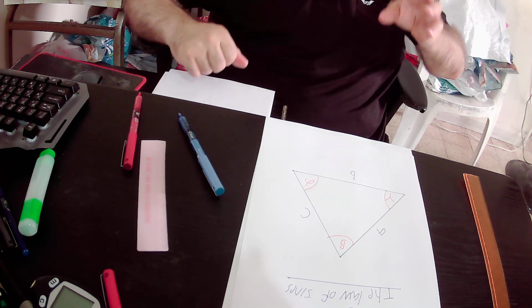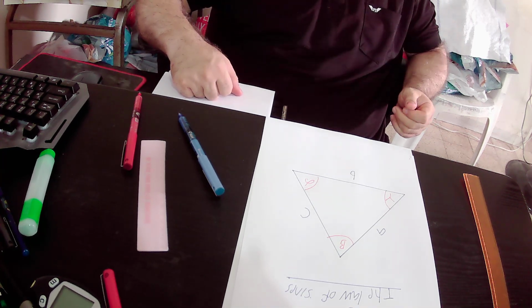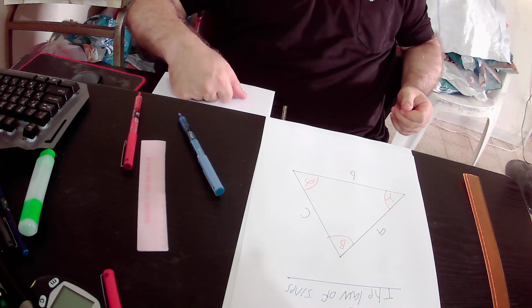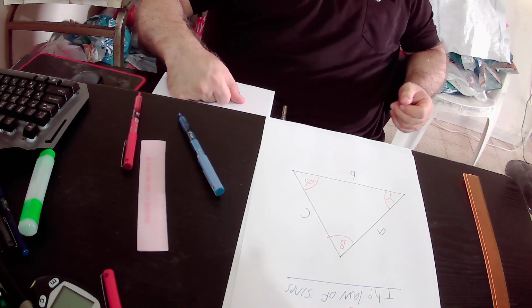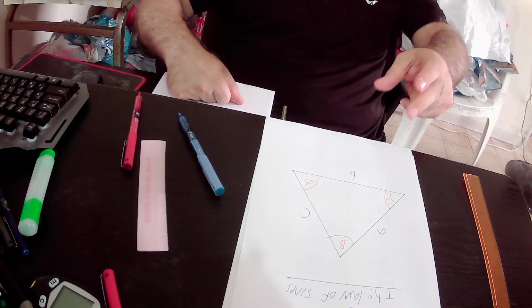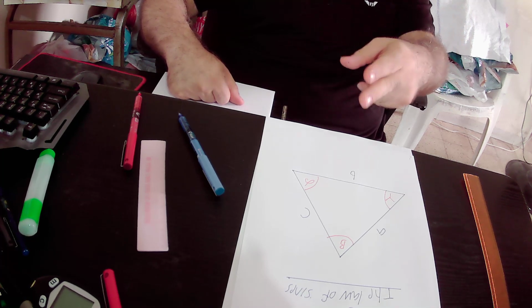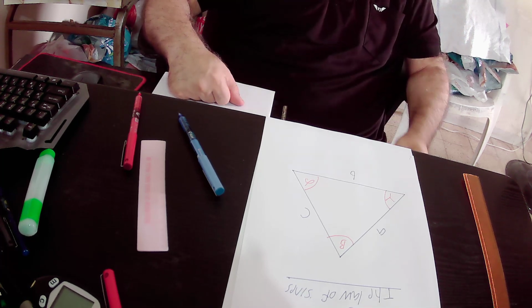So the rule applies to any triangle. So the following relationship exists between the sides of the triangle and the angles of any triangle.